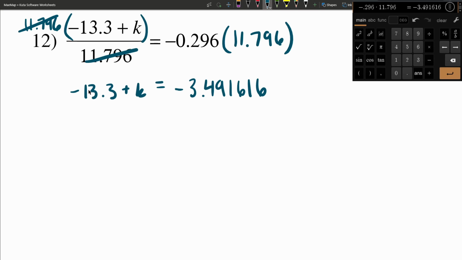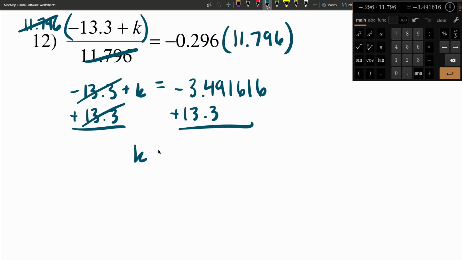Now our last step, we're just going to add a 13.3 to both sides, because when we add 13.3 to that left-hand side, we'll get 0 plus k, which is k, and that's equal to taking our negative 3.491616 plus 13.3, which is 9.808384. Again, that's 9.808384.